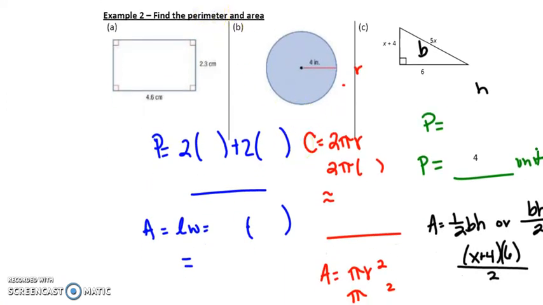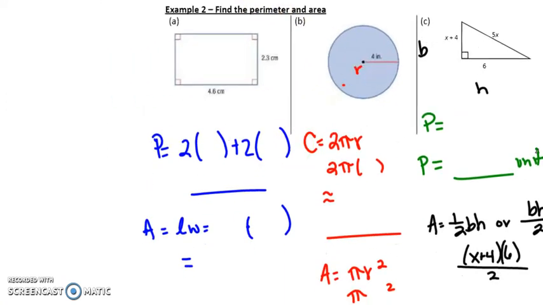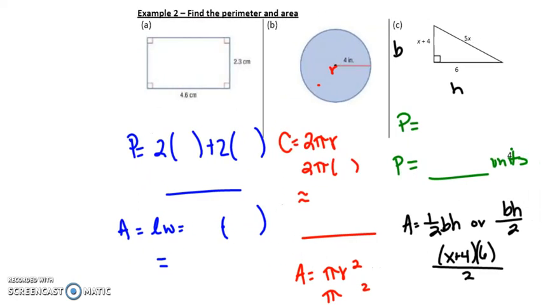So perimeter for our rectangle: we have 2 of the same sides. This side and this side are the same, and this side and this side are the same. So we have 2 of the 2.3, and 2 of the 4.6.